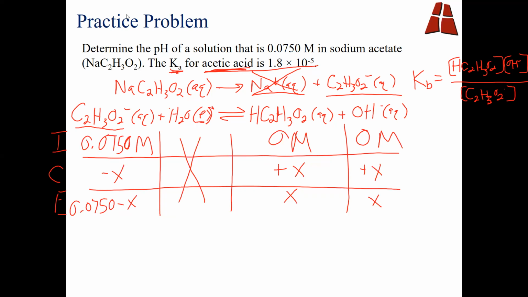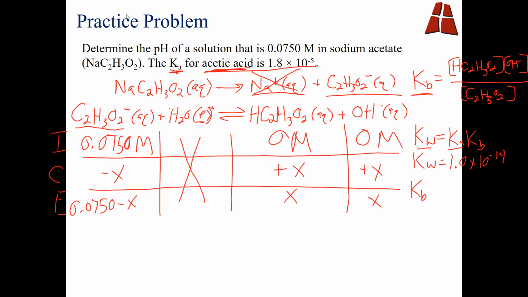The other thing we need to do that I kind of hinted at earlier is we need to figure out what Kb is. In order to do this, we can use our Kw expression. A reminder that Kw is equal to Ka times Kb, and Kw is also equal to 1.0 times 10 to the minus 14. If we plug in our values for Kw and Ka, we can solve for Kb.